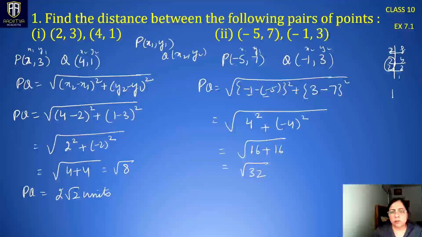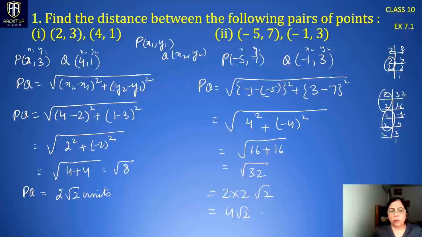Now you can factorize root 32 as 16, 8, 4, 2, 2, 1. From two pairs of 2, you can write 2 multiplied by 2 and one 2 remains inside the square root. So 4 root 2 units is the distance between the given two points.